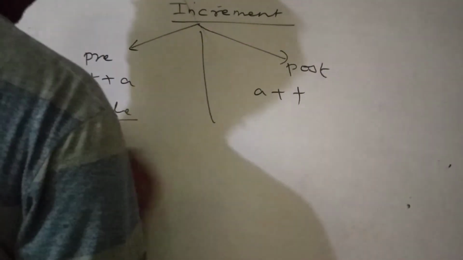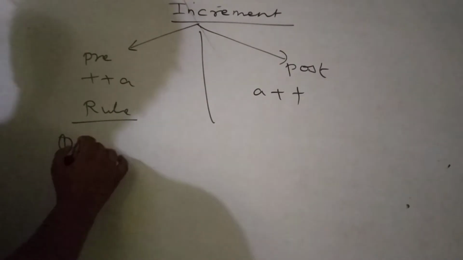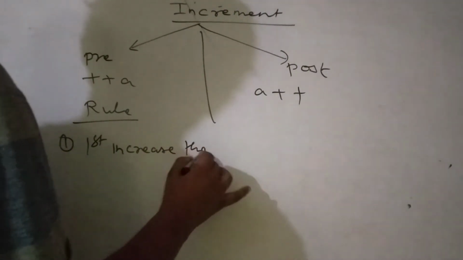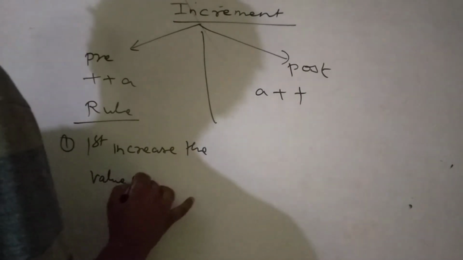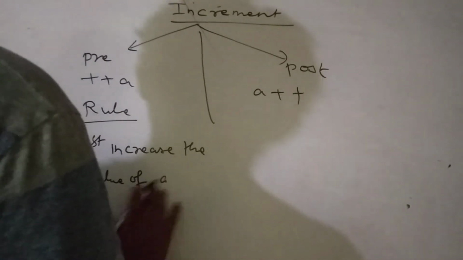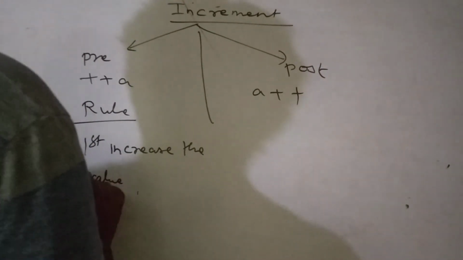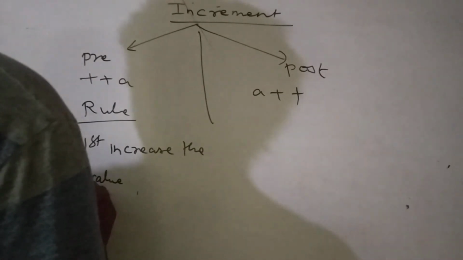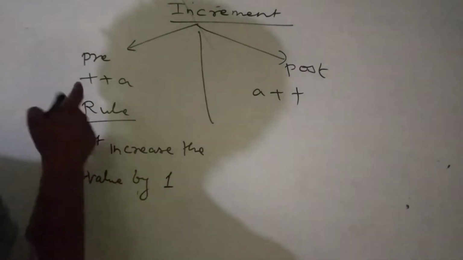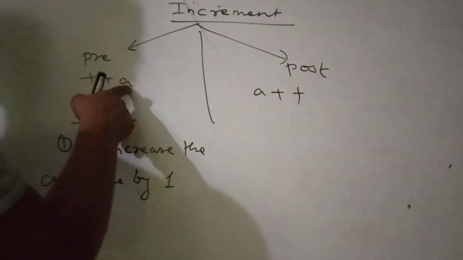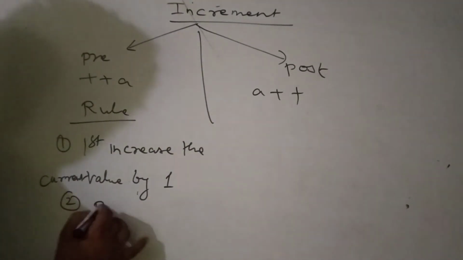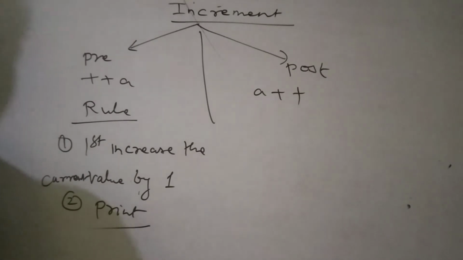Rule 1 is first increase the current value by 1. Whatever will be the value of this variable, you have to increase that variable by 1 and then print.